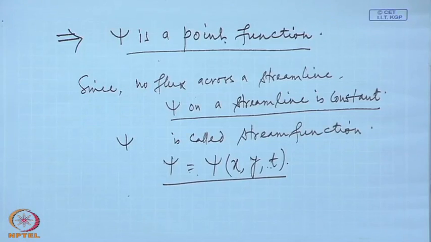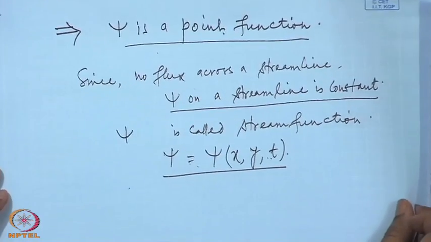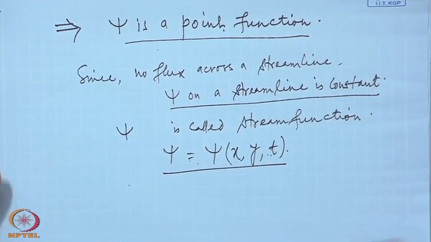Now, the stream function and the velocity component in terms of it we have defined for our standard Cartesian system. For other systems also you can define it. One very useful system is the so called polar coordinate, r theta, coordinate system.